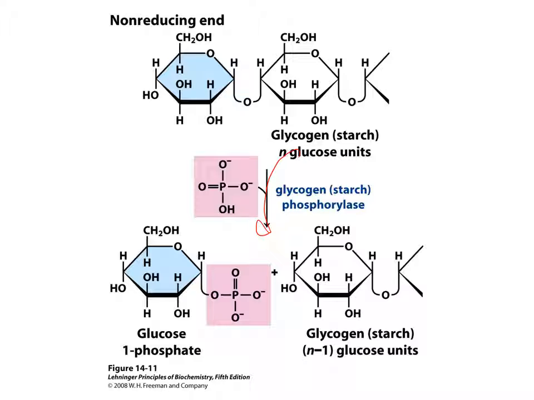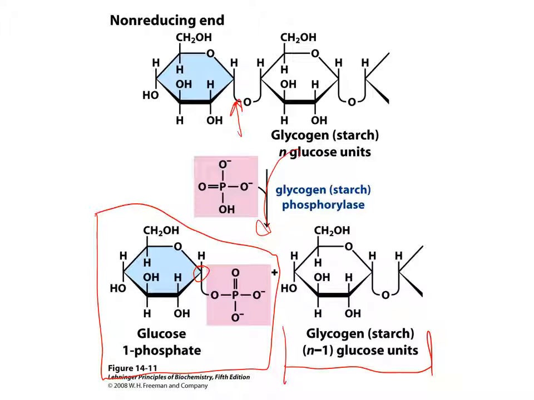Basically, this event breaks the bond here and we generate a glucose 1-phosphate, and we have our glycogen, whatever that chain is, a long chain of sugars with n minus 1 residues. And glucose 1-phosphate is later used in glycolysis to generate ATP and pyruvate and so on and so forth.